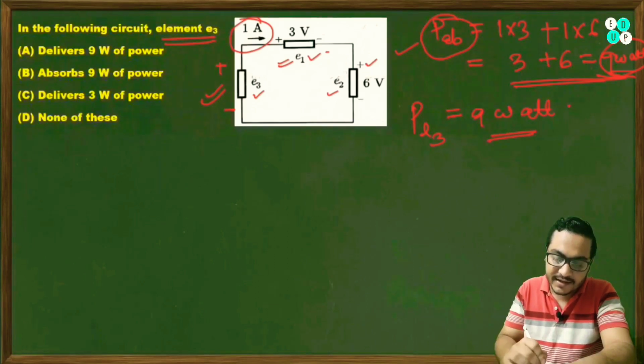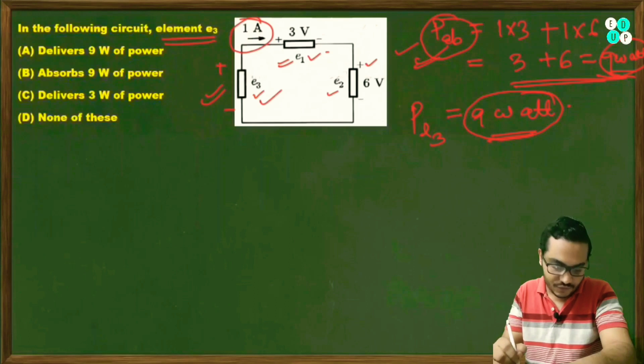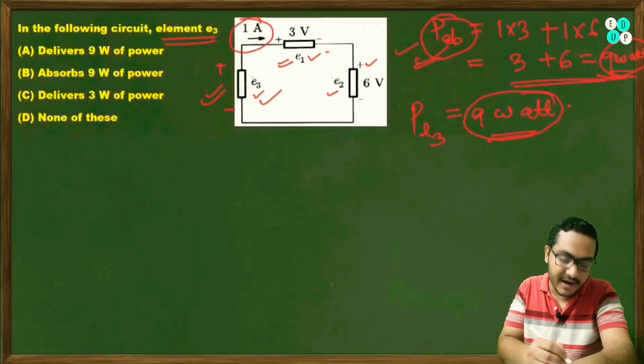So the element E3 will deliver that much power to the network to absorb this amount of power. So option A, deliver 9 watt of power, is the right answer.